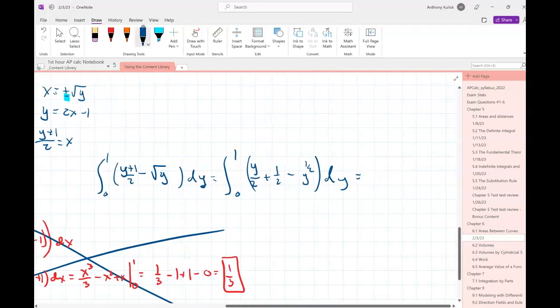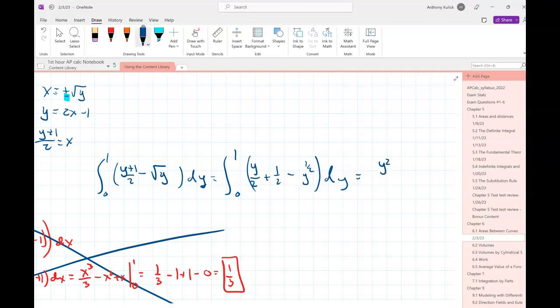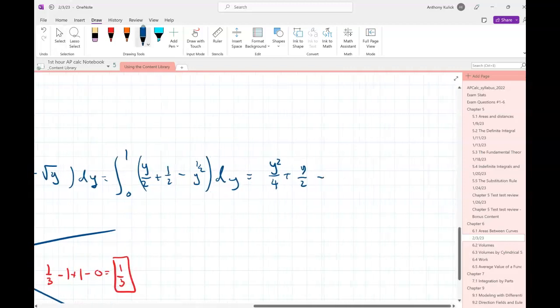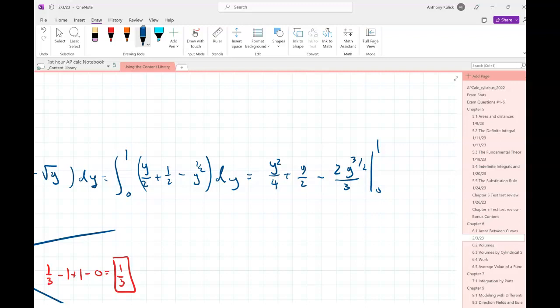So if I do my antiderivative now, I end up with y squared over 4 plus y over 2 minus 2y to the 3/2 over 3, evaluating from 0 to 1.